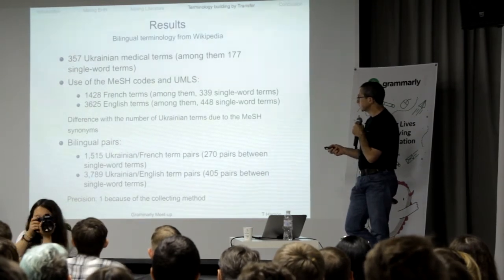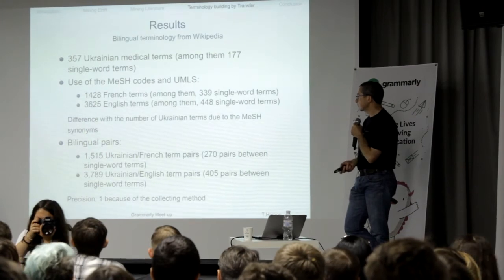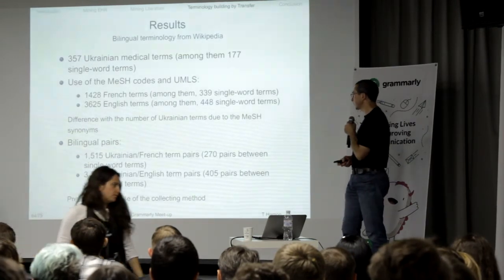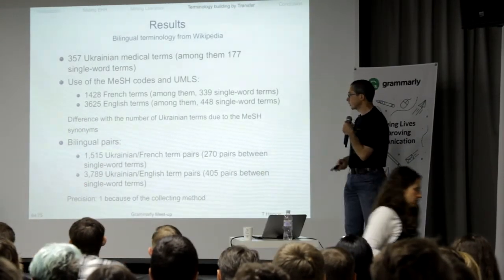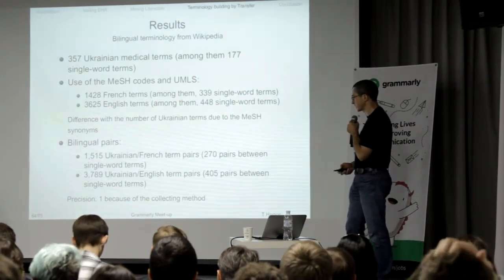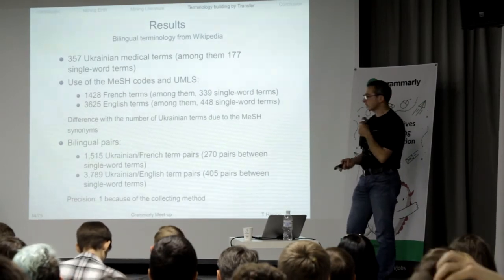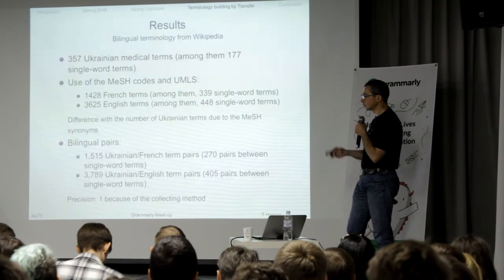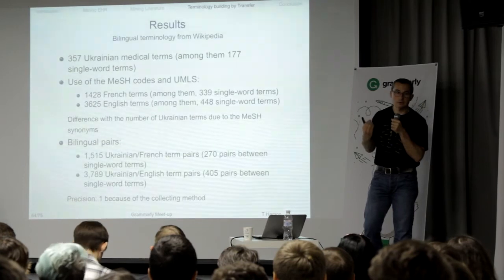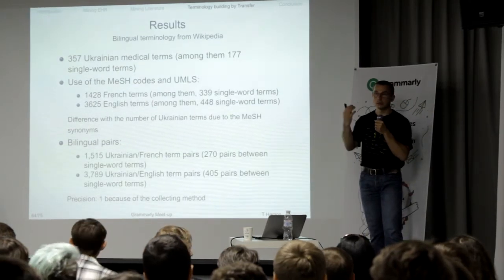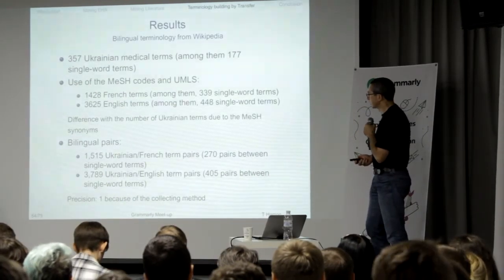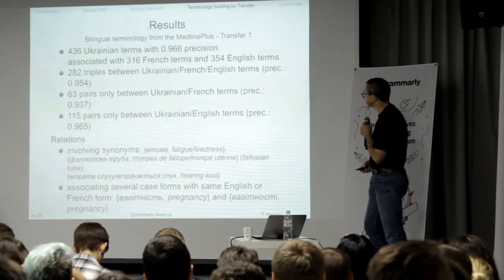So we obtain 1,500 Ukrainian-French term pairs, and also 3,700 Ukrainian-English term pairs. Here the precision was equal to 1 because, given the collecting method, we are sure that the terms are correct as we use only the MeSH code. It's not surprising at all.